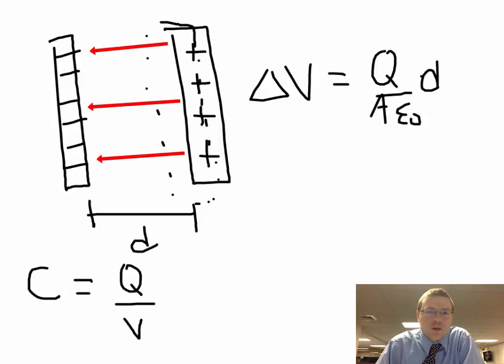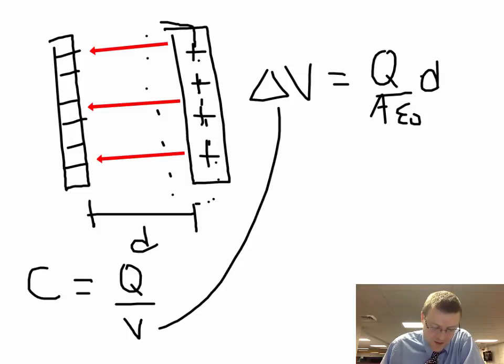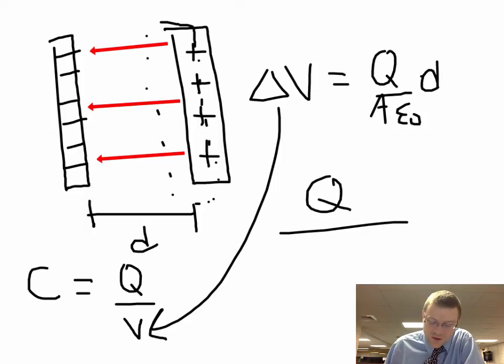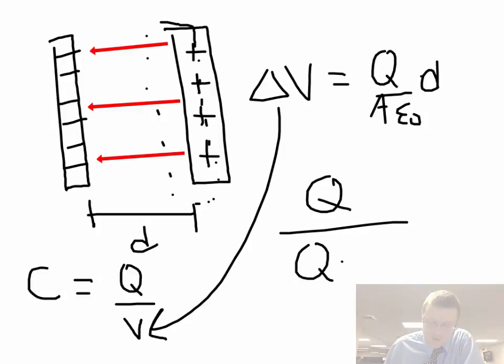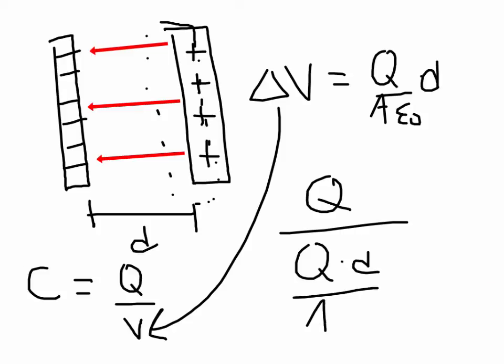Now that I know the voltage between the two plates, I can put that in my charge per unit volt ratio for capacitance. And what you end up getting is Q all over Q times d over area times epsilon 0, which means I can knock out the Q here and solve for capacitance.